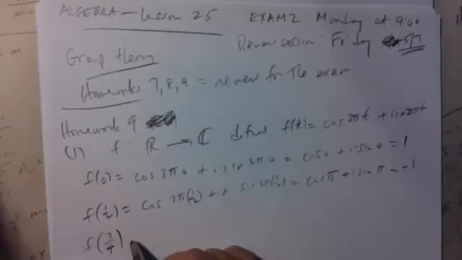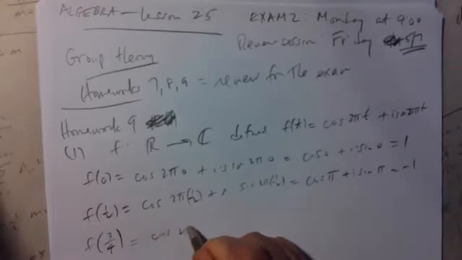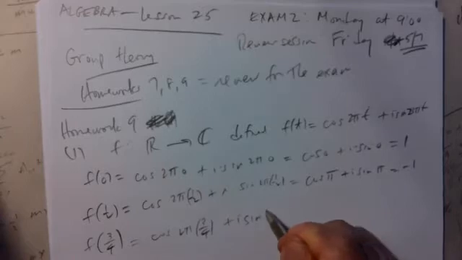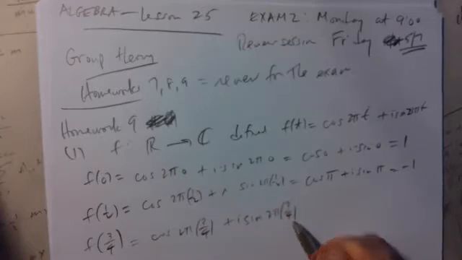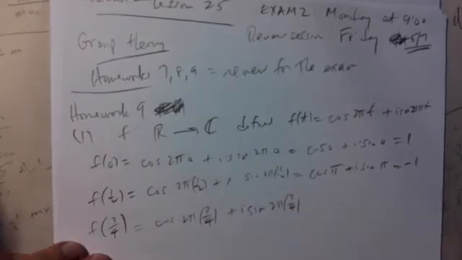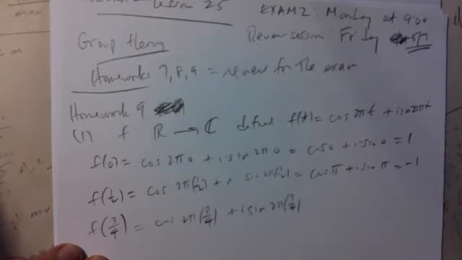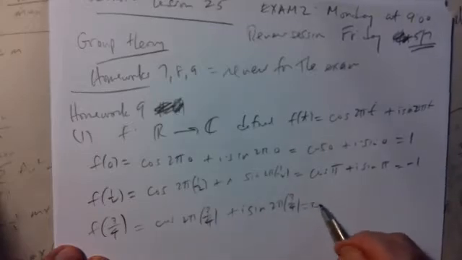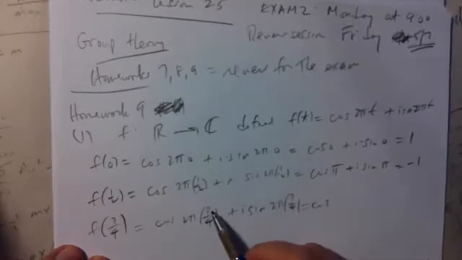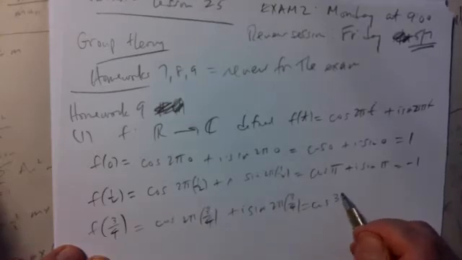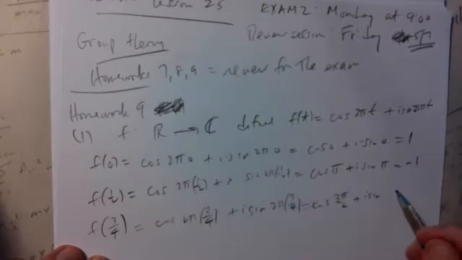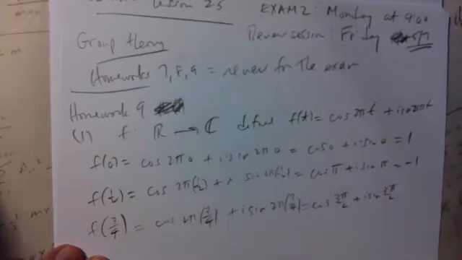F of 3/4 is the cosine of 2 pi times 3/4 plus I times the sine of 2 pi times 3/4. All we're doing is just evaluating the function. This is cosine of 3 pi over 2 plus I times the sine of 3 pi over 2.